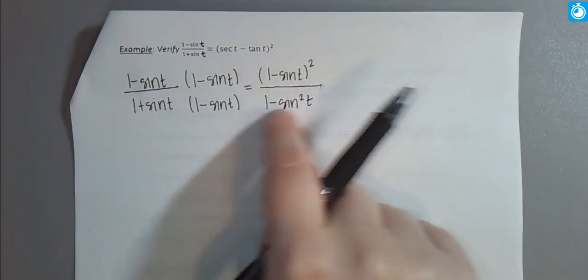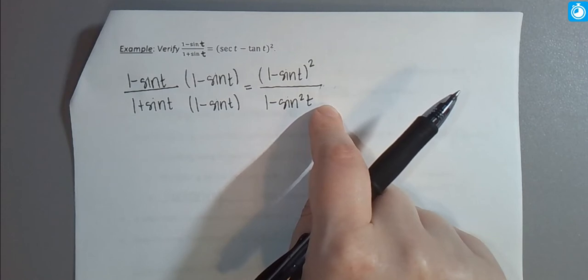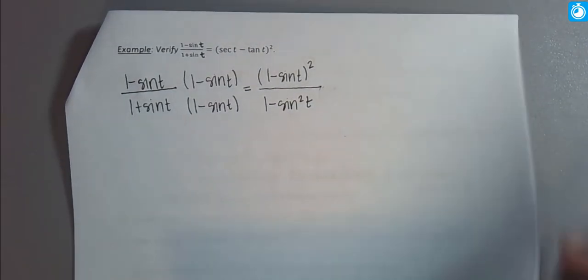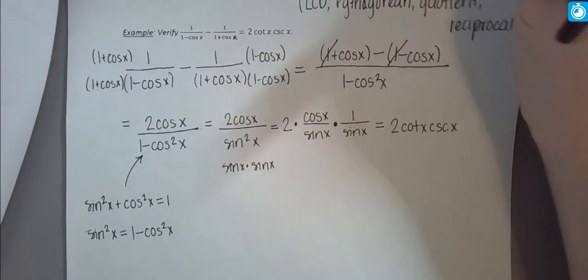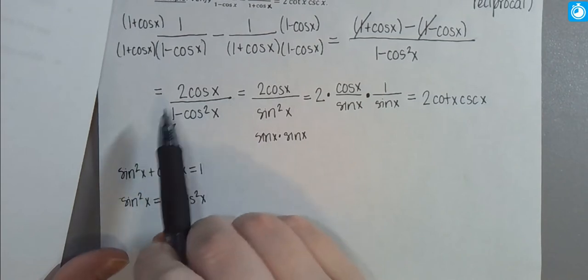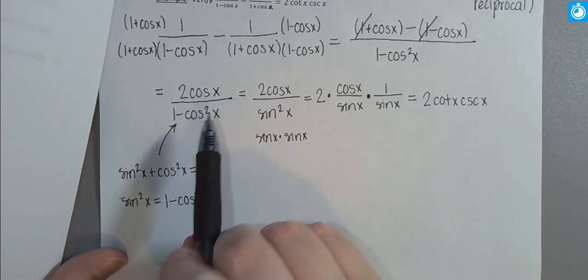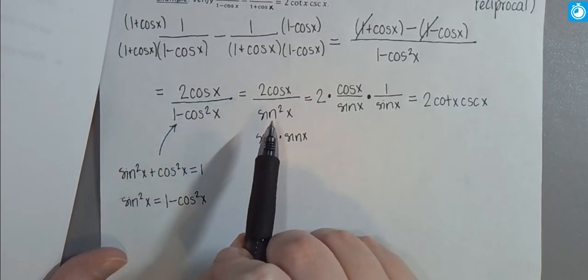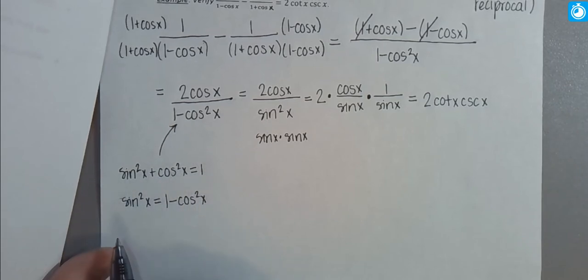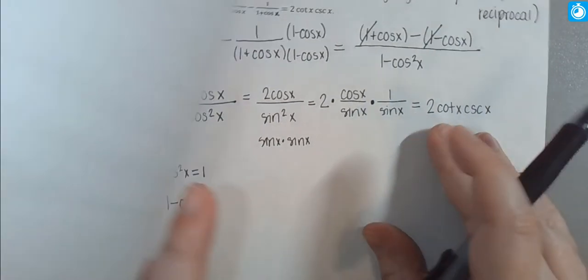Well, as of right now, I have a 1 minus sine squared. But if we flip back, let's look at the previous example we did. This is kind of similar to a situation that we were just in, right down here: 1 minus cosine squared. We replaced that with a sine squared using an alternate version of our Pythagorean identity. Well, in this problem, we have 1 minus a sine squared.